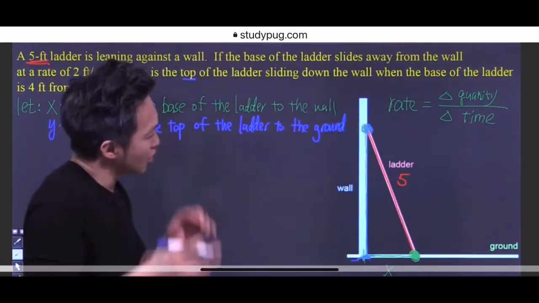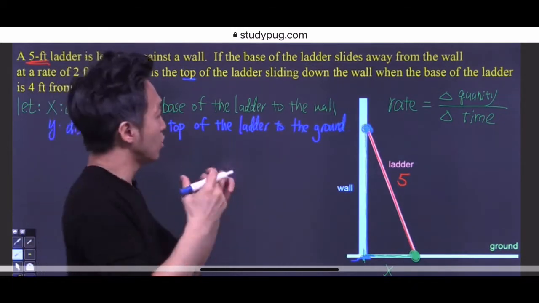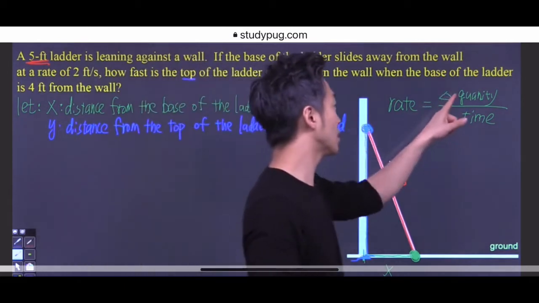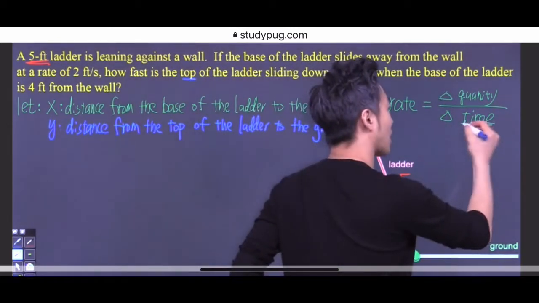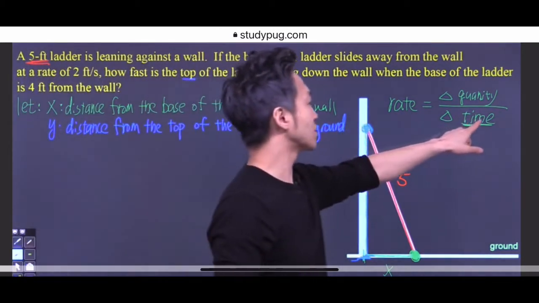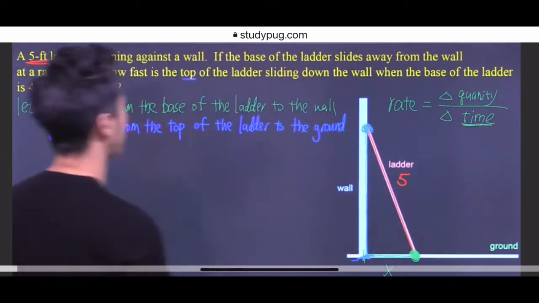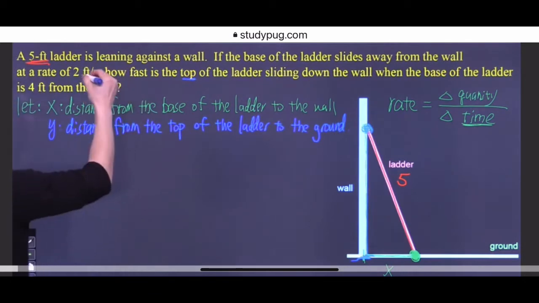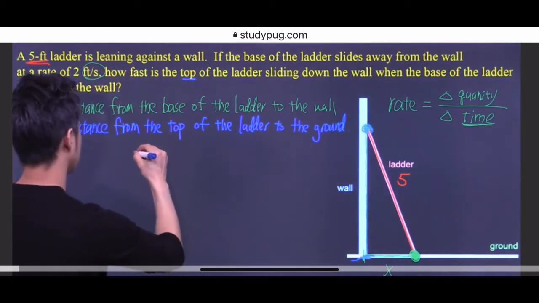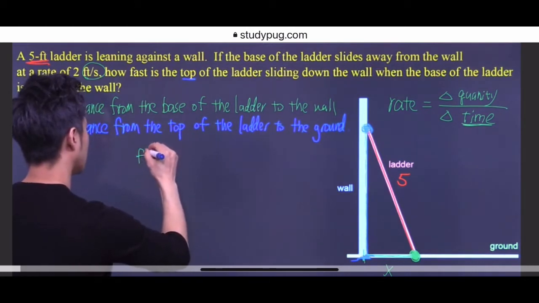So let's look for any rate given by the question, with a unit having time in the denominator. That will be right here, right? Do you see that? Feet per second.